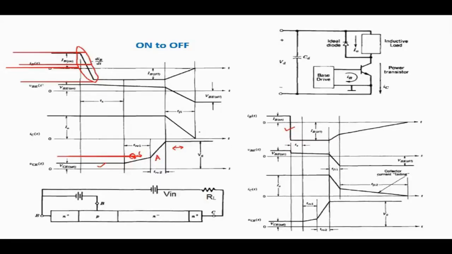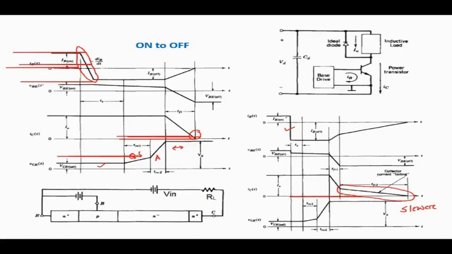And their characteristic difference is that here it was going to zero quite smoothly, but in this zone there is a phenomenon called tail current, tailing in BJT, which actually makes the BJT a bit slower device. So if you give a controlled di/dt in the base current, then you are allowing the base to have more control over sweeping the charge carriers from the drift region. So it can take out the charge in the drift region smoothly.